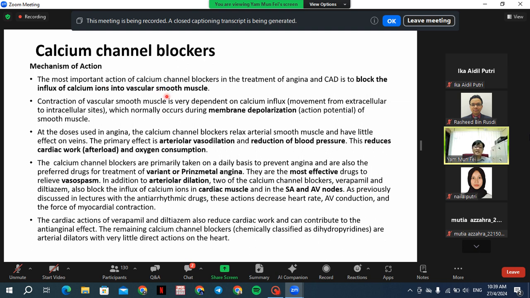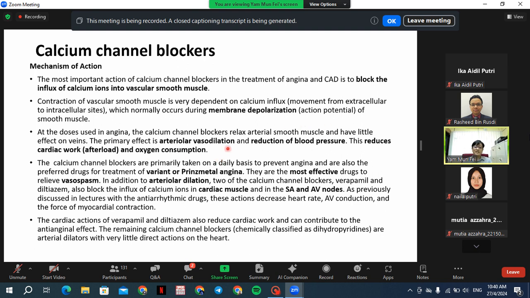It affects the depolarization process, because during depolarization you need the influx of calcium. Once you prevent the influx, you interrupt the depolarization of your smooth muscle. Without depolarization, your smooth muscle is not going to contract; it is going to undergo vasodilatation.